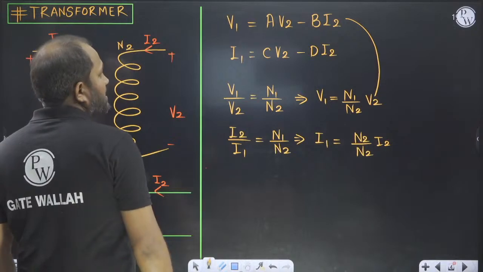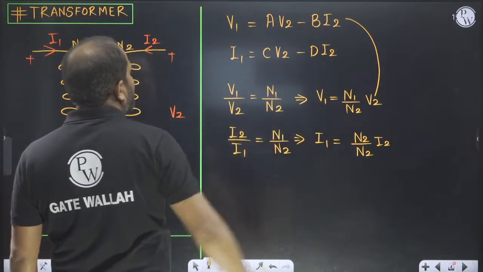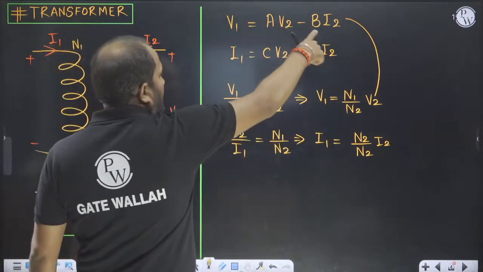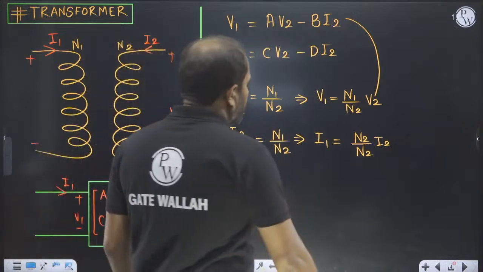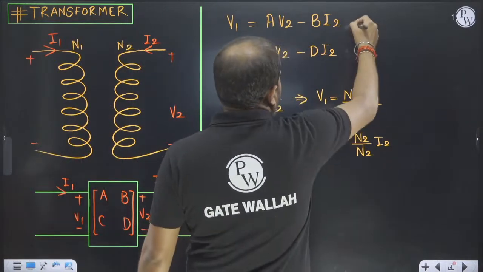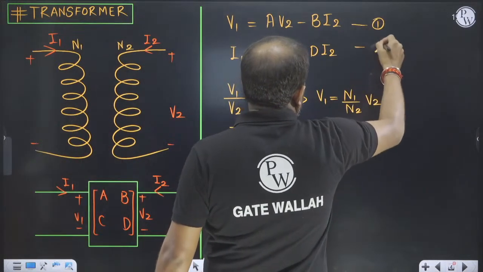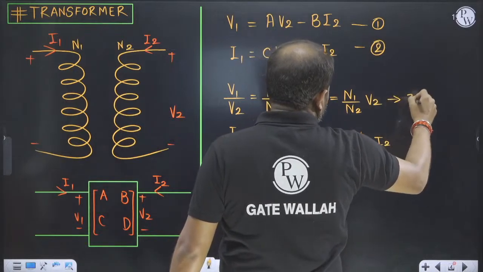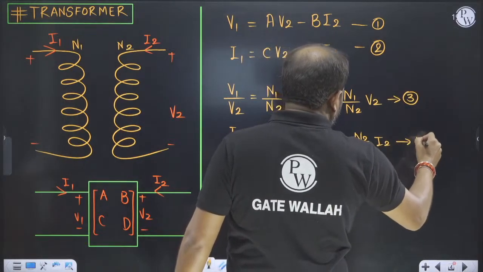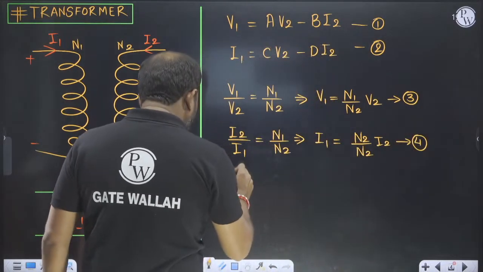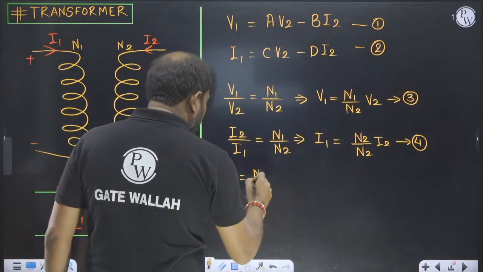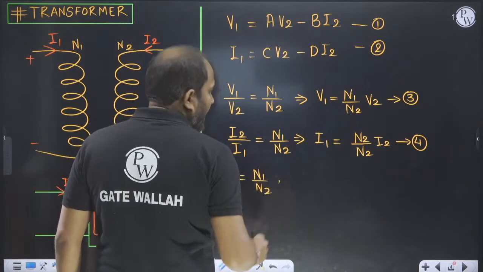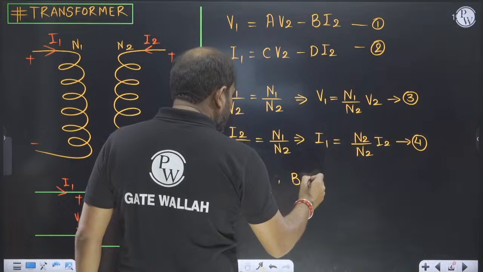So when this equation is compared, from first and third we get A is equal to N1 by N2, and B is equal to 0.